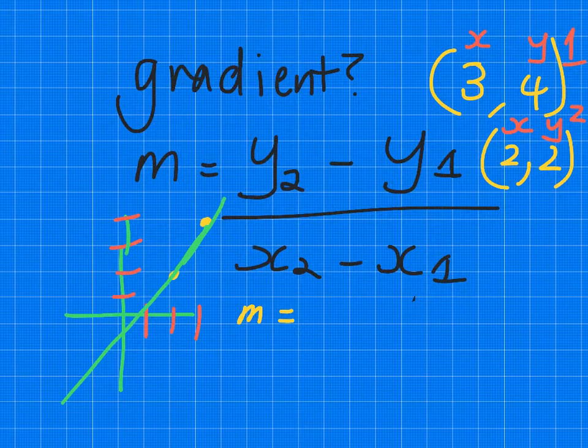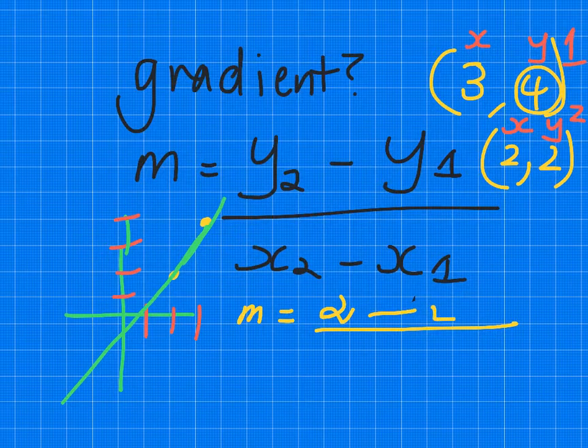Okay, so we have m equals y2, we have 2, take y1, which is here, our 4, over x2, so here, 2, take x1, which is here, 3.